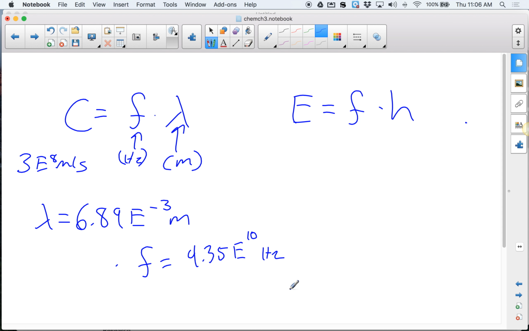The only difference is you could be asked the other way around. I might give you a frequency and ask what the wavelength would be. But because of the way the equation is set up, it doesn't matter which one you're looking for. You always take the speed of light and divide it by the one that you know to find the one that you're looking for.